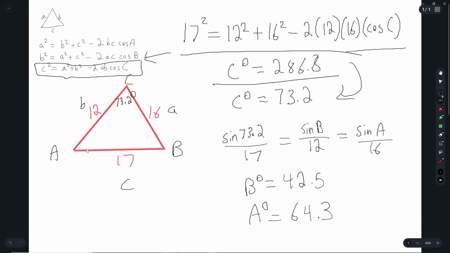So this will be 64.3. This will be 42.5. Then we'll add them all to make sure it equals 180. It should be close to 180 since we rounded most of our answers. Oh, it's exactly 180. Okay. So that's the first triangle.